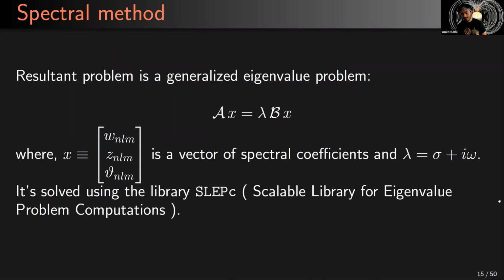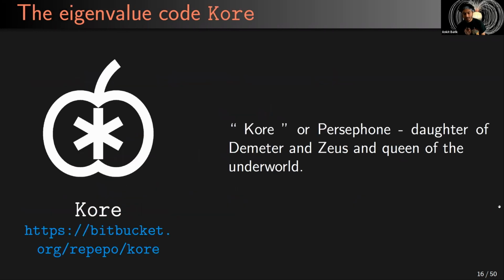So you can go down to extreme parameters without running into memory crunches, and then it can be solved fairly efficiently using SLEPc. The code that sets it all up and solves the problem is called Kore. That's the code we use.